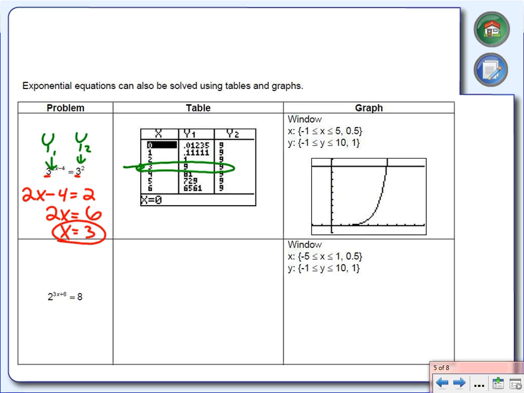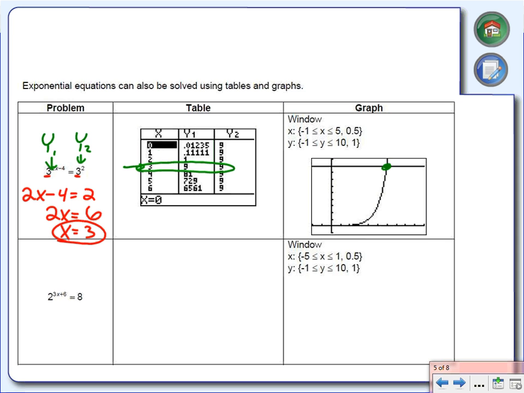Not only can you find it in your table, but you can also find it in your graph. Everybody look at your graph. Where are we going to find this 3 in our graph? Well, where they intersect. That is correct. Anybody remember how to use your calculator to find your point of intersection?